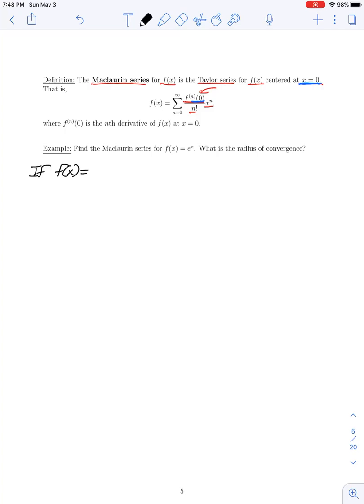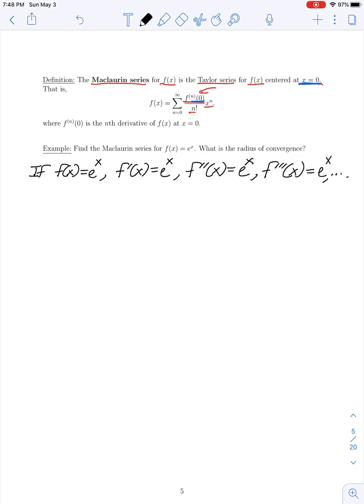If our function f of x was e to the x, we just want to find the first several derivatives until we can establish a pattern. Recall that the first derivative of e to the x is e to the x. So the second derivative would also be e to the x, and the third derivative is also e to the x.